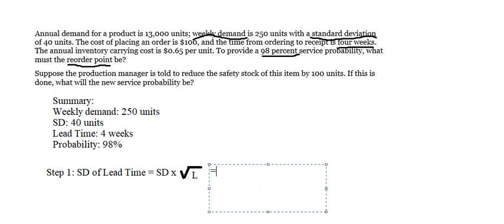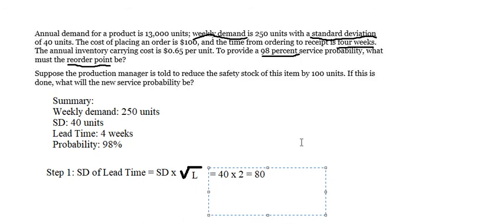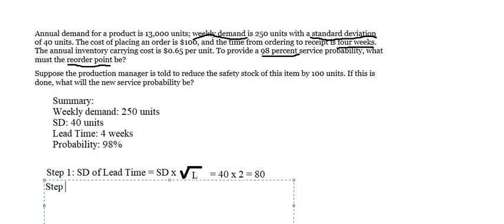So we have 40 multiplied by the square root of the lead time, which is 4, so we have 2, and we get 80. The next one is step number 2, probability.